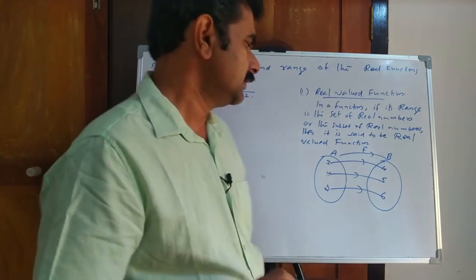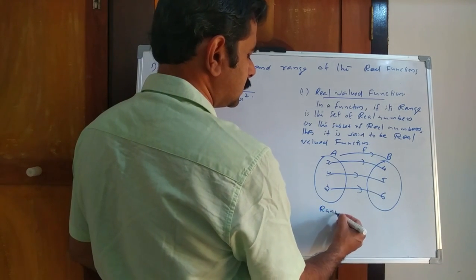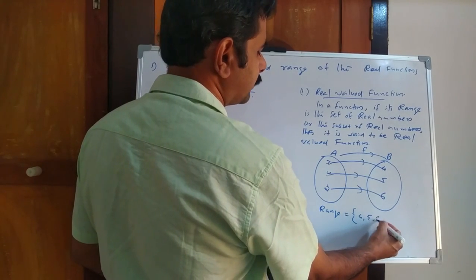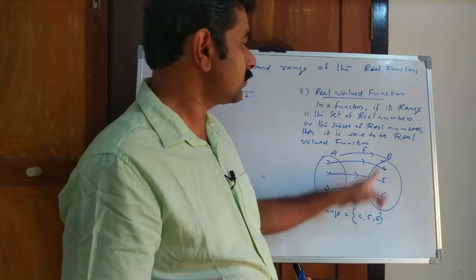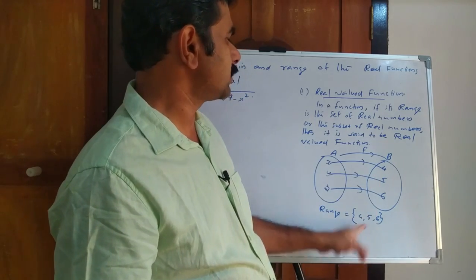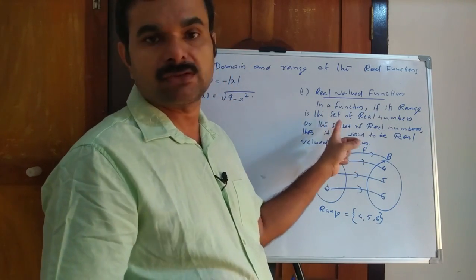Then here the range is what? Range is equal to the set {4, 5, 6}. This is a subset of real numbers. Range is a set of real numbers or a subset of real numbers.